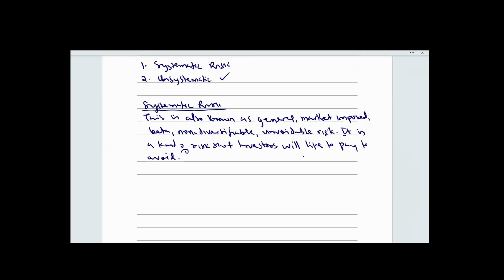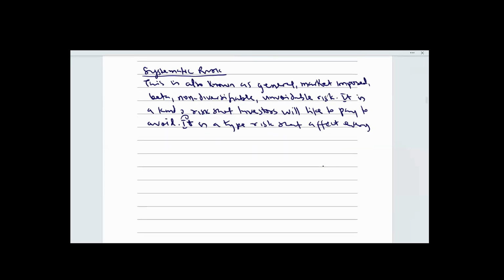It is a type of risk that affects every company in the economy. So that is systematic risk. Any risk that affects every company or businesses or industry in an economy is known as systematic risk.